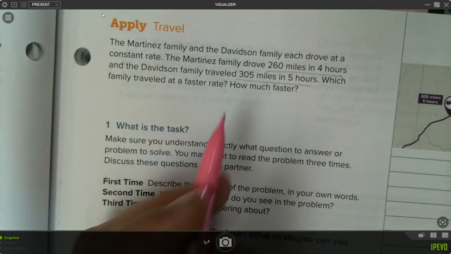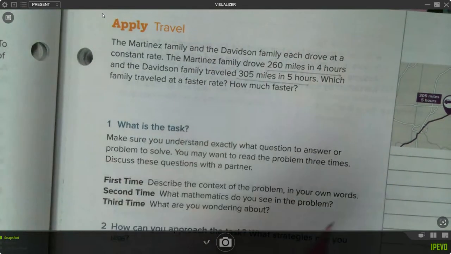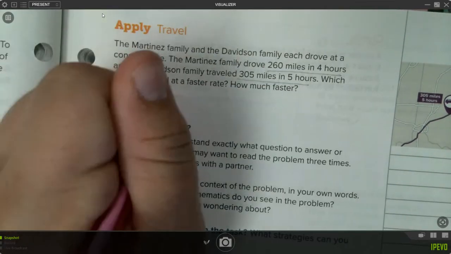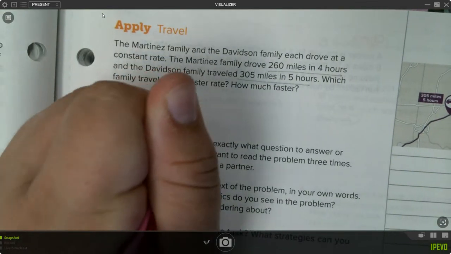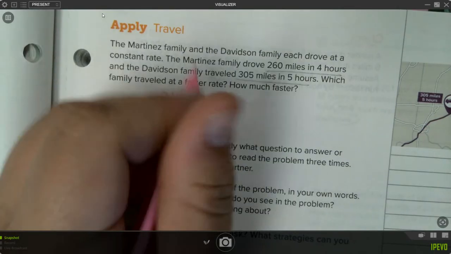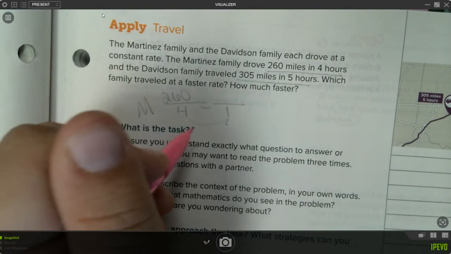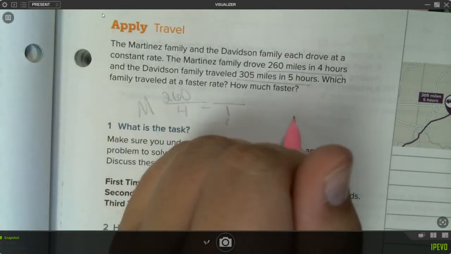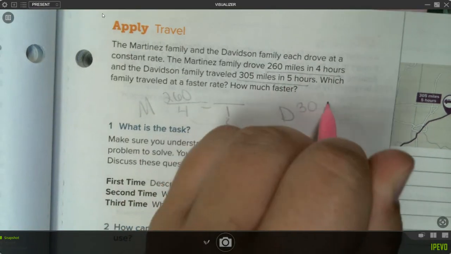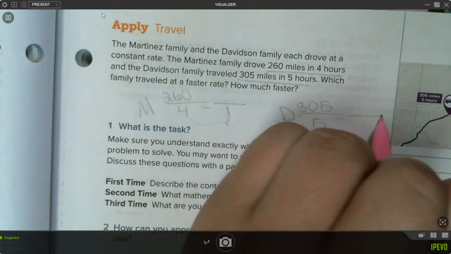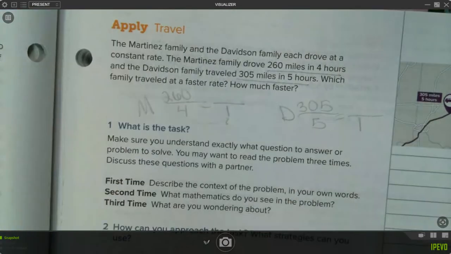So remember, 1 hour. When we do that, 260 in 4, so this is the Martinez family, we need to get that down to 1. So to get that down to 1, we're dividing by 4. The Davidson family, 305 in 5, getting that down to 1. So use your calculator.